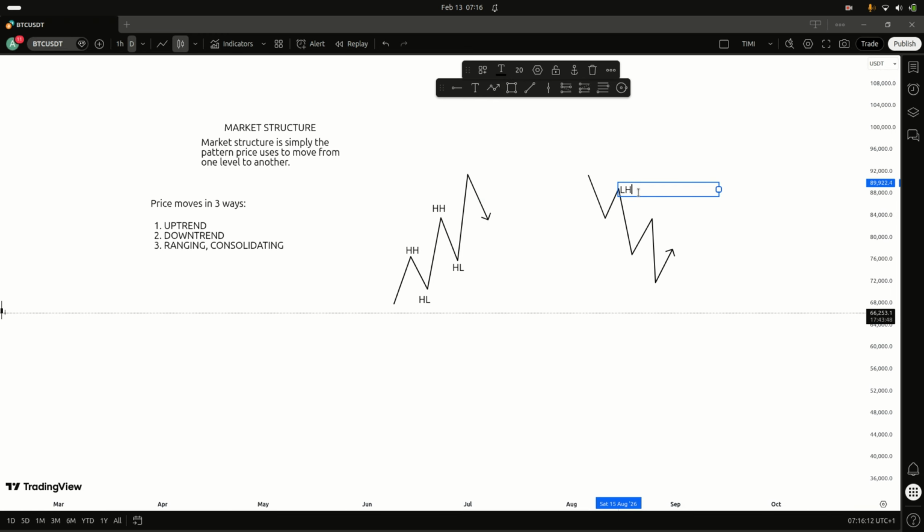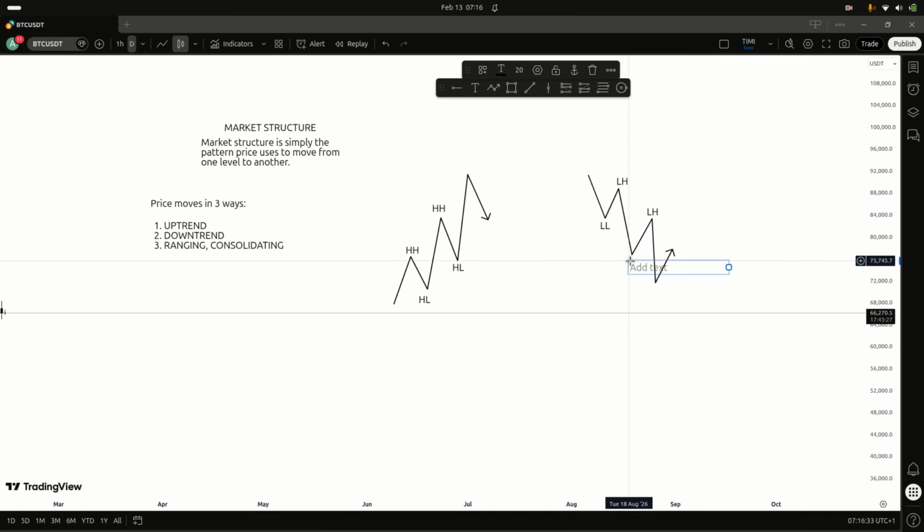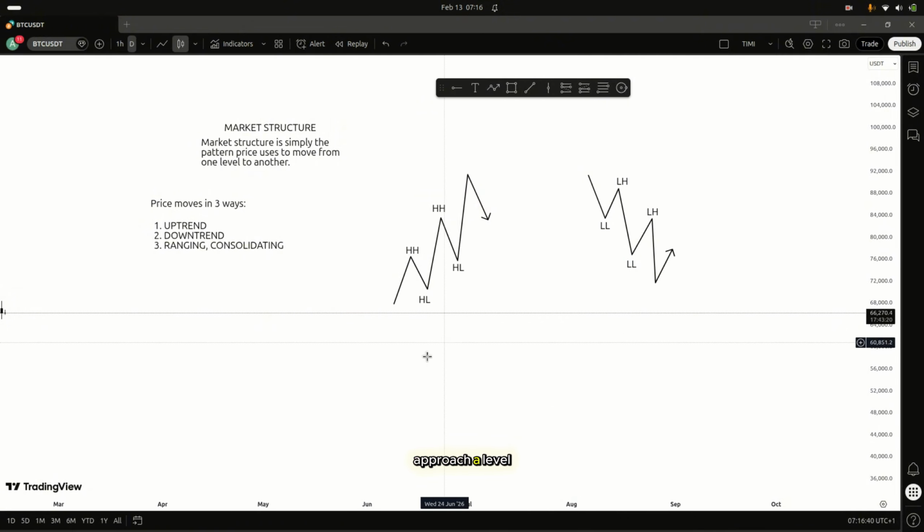Lower high, lower low, lower high, lower low. So price can approach a level using this pattern. Price can also approach a level using this pattern.